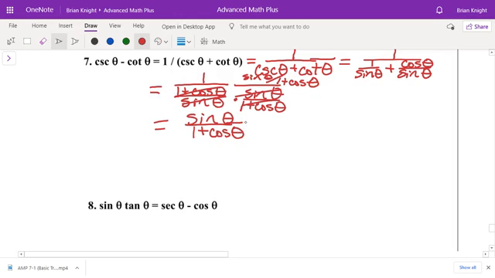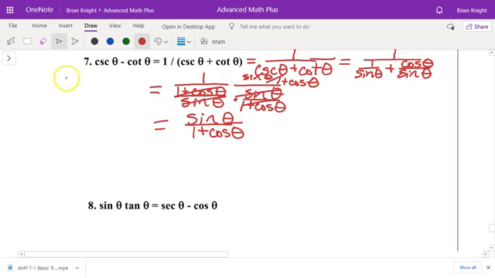Do we have what's on the left yet? No. But is there anything more we can do on the right? No. So, like I told you, it's okay to do both. You just have to work them separately. So now I'm going to see what I can do to the left. Can I change cosecant to sine?